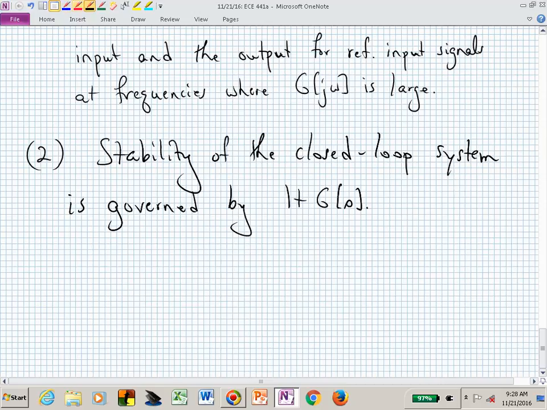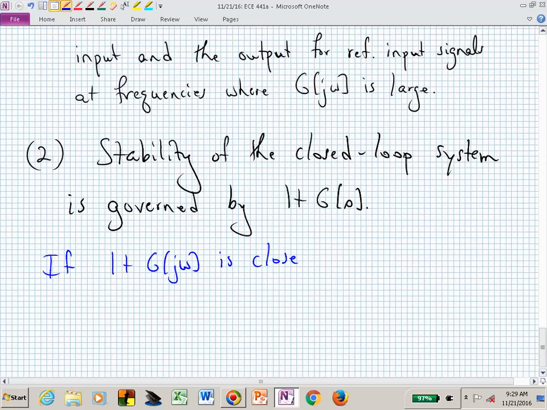And for that reason, then, if 1 plus g of j omega is close to 0, because we're looking for the values of s when that vanishes, now we want to know, are there frequencies omega where this vanishes? Then that's going to be right on this stability border.